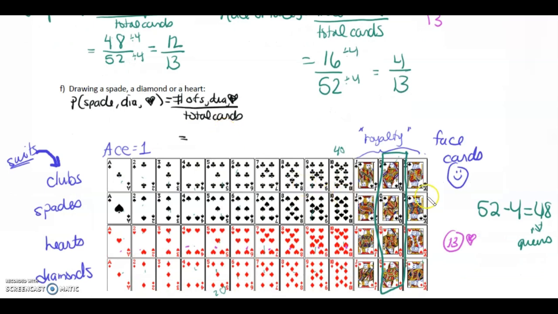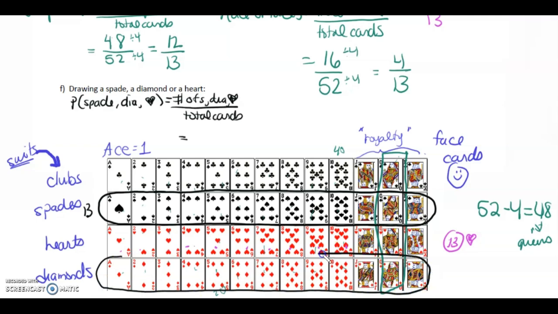So how many spades do we have? Well, we know we have 13 of each suit. So there's 13 spades. How many diamonds do we have? 13 diamonds. And how many hearts do we have? 13 hearts. So you could write this as 13 plus 13 plus 13 all over 52.